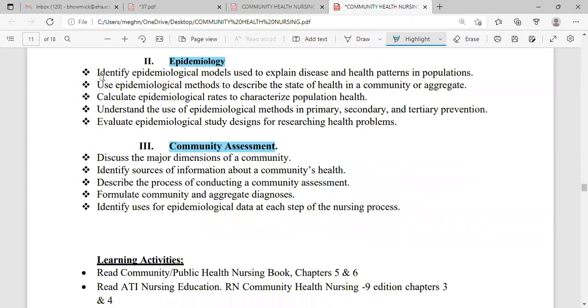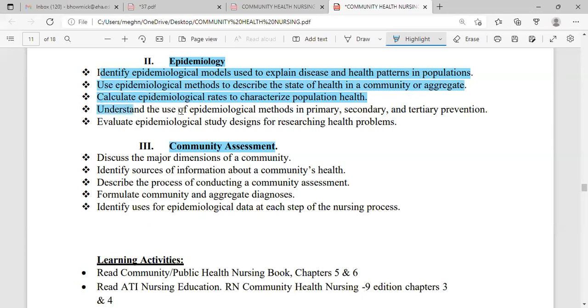For epidemiology, identify the epidemiological models used to explain the disease and health patterns of populations. Use the epidemiological method to describe the state of health in the community and aggregate. Calculate epidemiological rates to characterize population health.